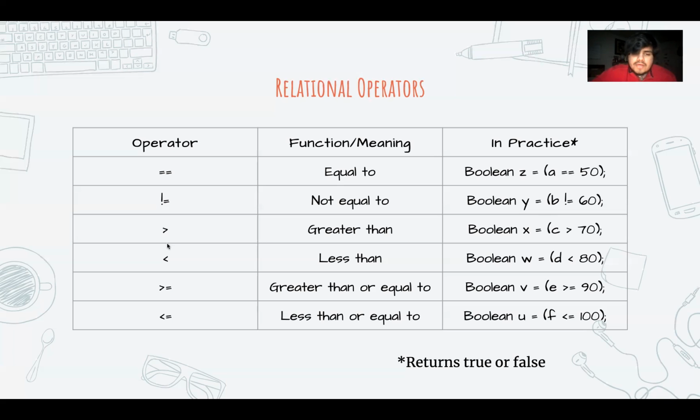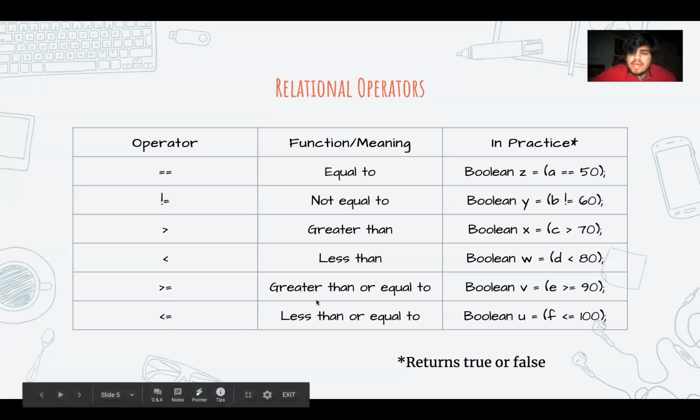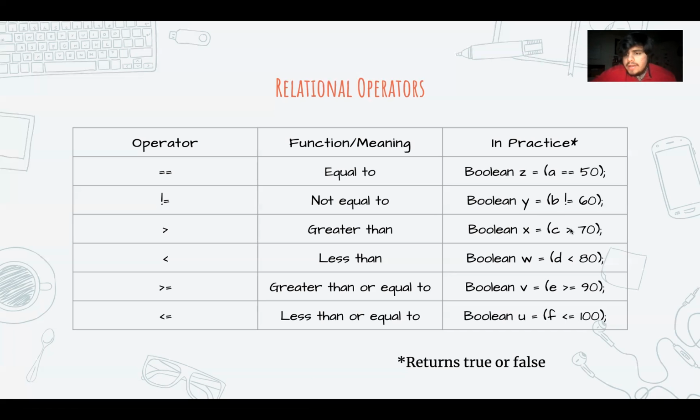You also, of course, have your greater than, less than, greater than or equal to, and less than or equal to operators, and these are rather simple. If C, for example, is 71, then this would return true, because 71 is in fact greater than 70. But if it was 69, for example, then it would be false, because 69 is not greater than 70.